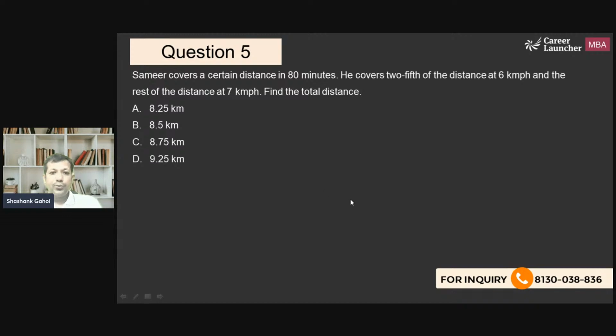So what I am going to do, I am going to assume that total distance जो है वो मान लेते हैं 5D है. उसमें से जो 2D है, this 2D, that is going to be covered with a speed of 6. ये जो remaining 3D है, that can be covered with a speed of 7.